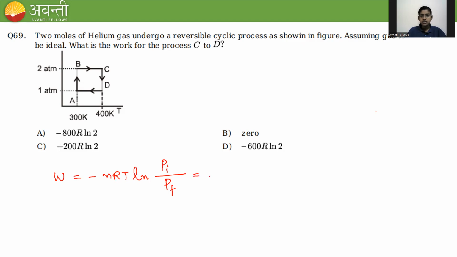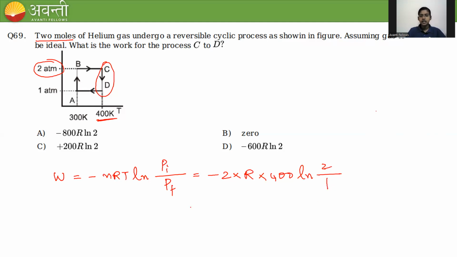So if we use this, it is minus, number of moles is 2 moles, so it is 2, and R into the temperature. Temperature is 400 for C to D, into the logarithm of initial pressure by final pressure. From C to D, initial at C is 2 and final is 1.